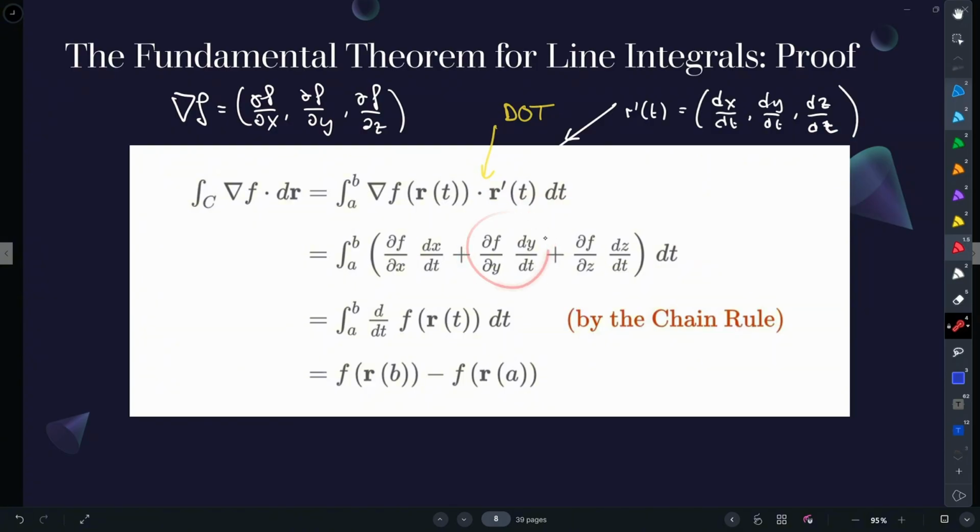This is the derivative with respect to y. Those are going to be all the coordinates of the derivative, and this is the derivative of this function. Now I can use the usual fundamental theorem of calculus to show that this will be f of r(b) minus f of r(a).